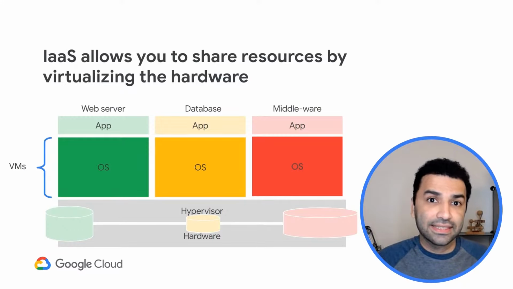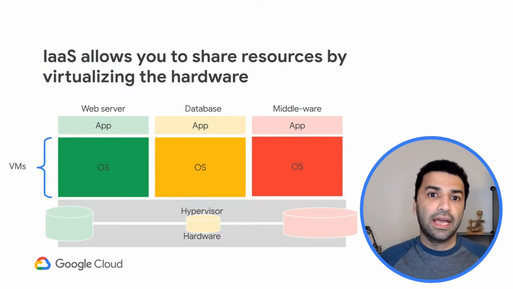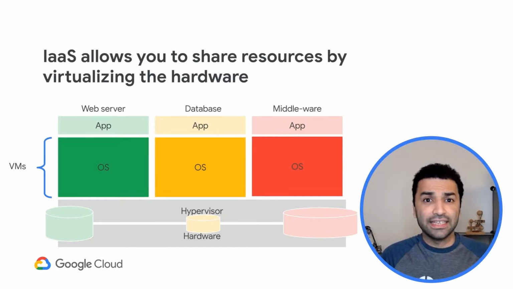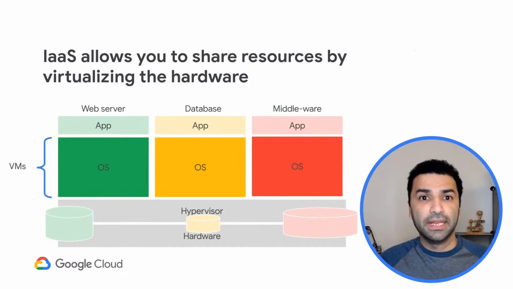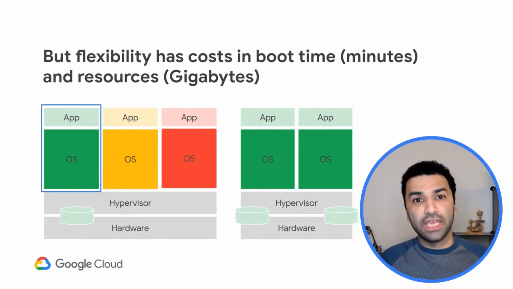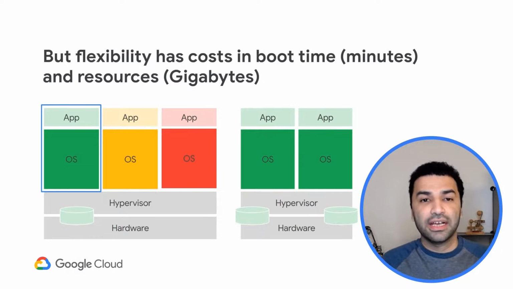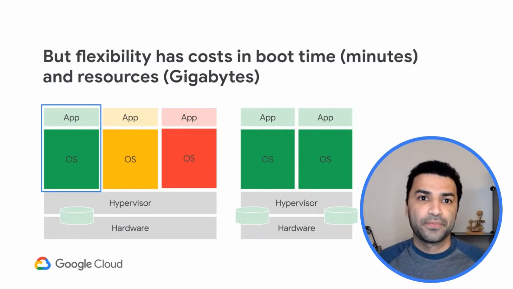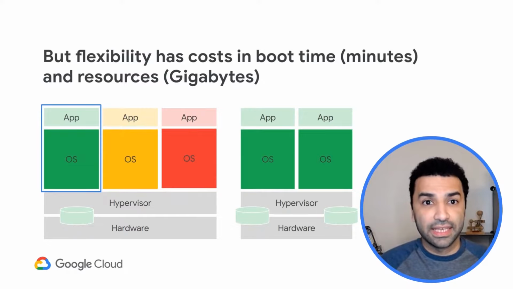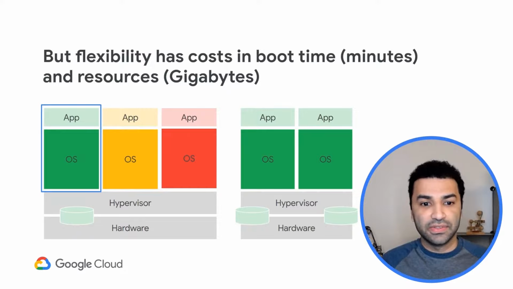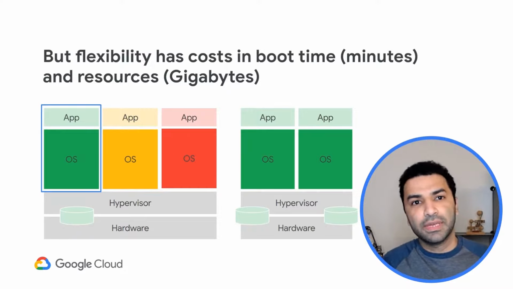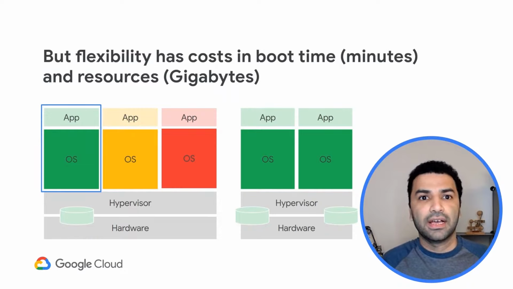Now, this is very interesting and very good, and we have been using it for more than decades, and it is still used today for many use cases. But we know that there are some cons with this style. For example, if you want to replicate your server or your virtual machine, it takes a little bit of time because the size of the virtual machine is usually big.